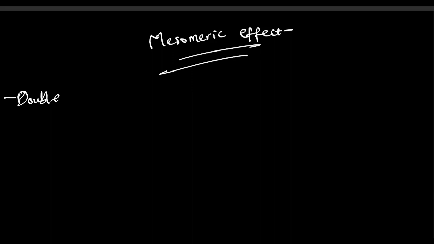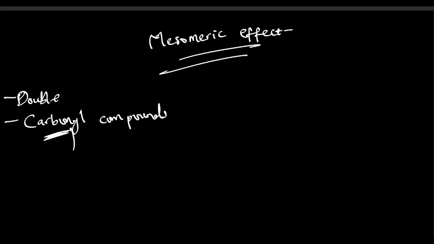It is similar to the inductive effect in that there is shifting of electrons, but it differs in something very peculiar, which we'll get to know. This mesomeric effect occurs in carbonyl compounds.